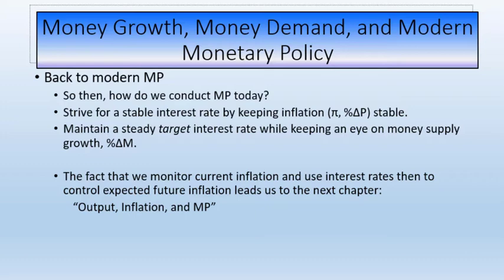So what we'll conclude at the end of this video, after going through all the material in this chapter, is that, well, what we should do is we should look at keeping a steady inflation rate. No surprise there. We should keep interest rates steady, and that comes about in part through stable inflation. And we also need to keep an eye on growth of the money supply.